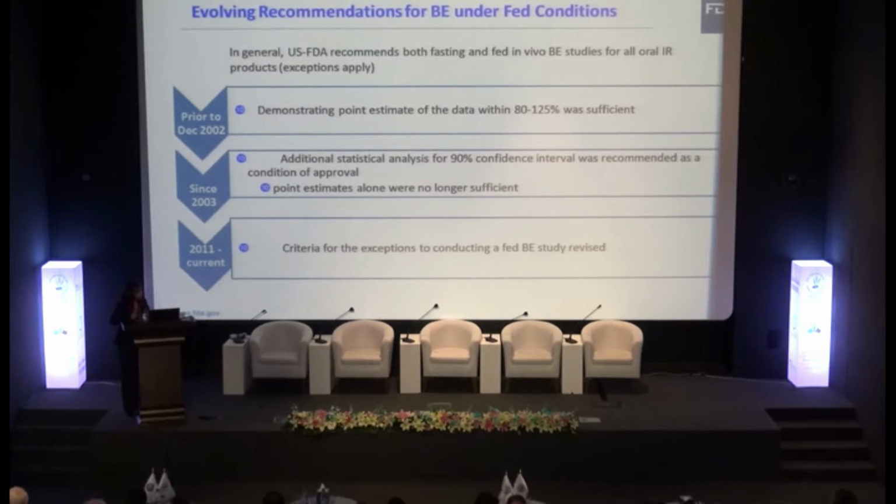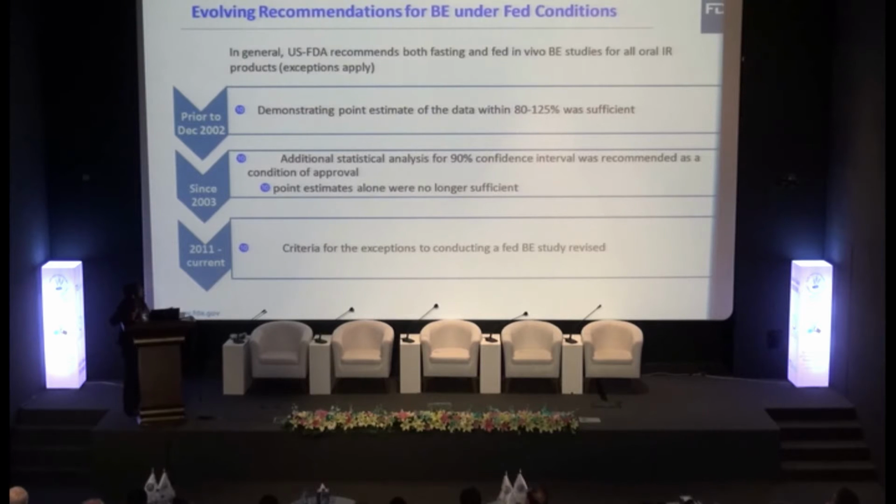Now, prior to 2002, we would ask for data for the point estimates and the 90% confidence interval for the fasting study, but for the FED study, demonstrating just a point estimate to be within 80 to 125 was considered sufficient.